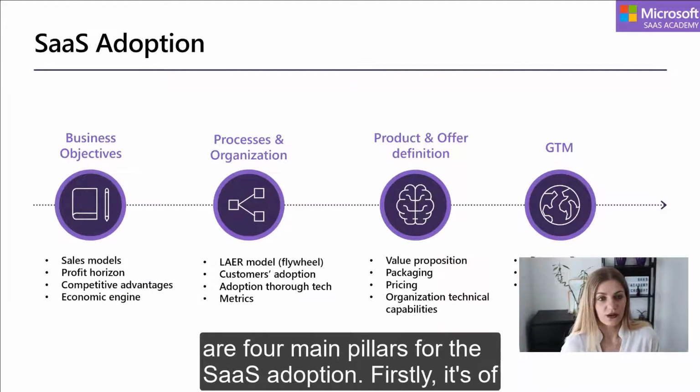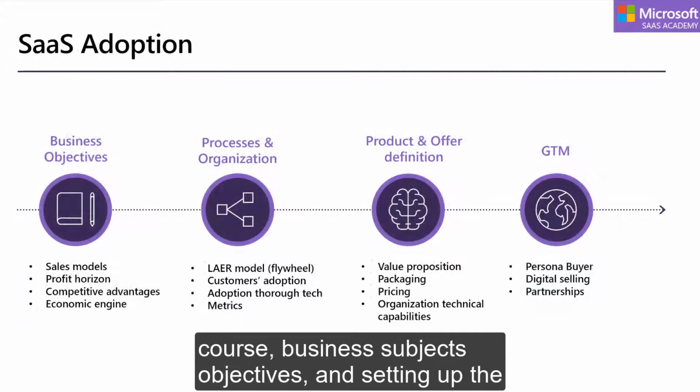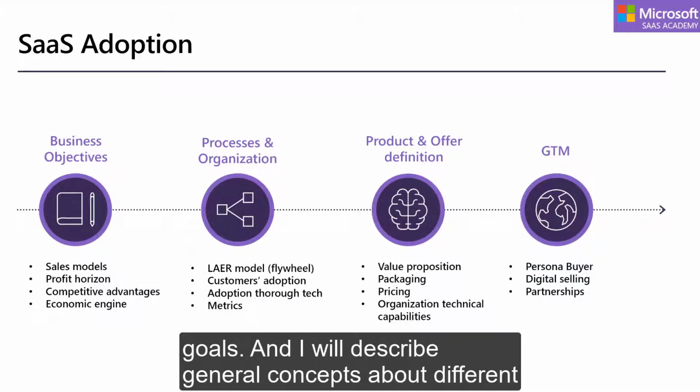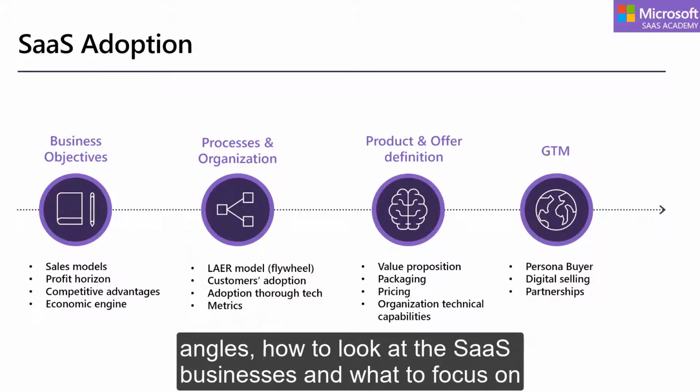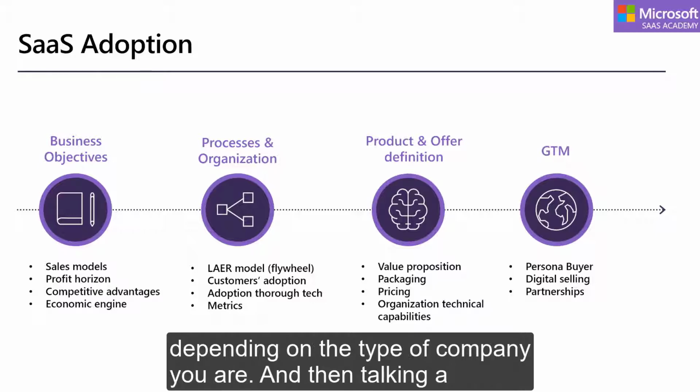In general, there are 4 main pillars for SaaS adoption. Firstly, it's of course business objectives and setting up the goals. And I will describe general concepts about different angles on how to look at SaaS businesses and what to focus on depending on the type of company you are.